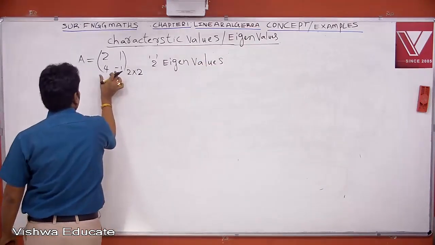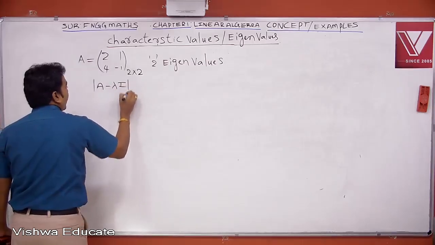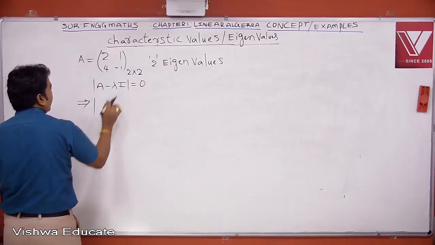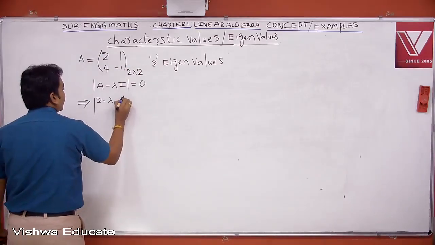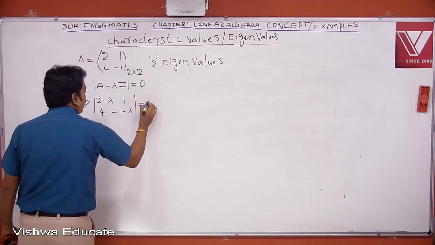Now let us define its characteristic equation. This is det of A minus lambda I equal to 0. This implies we subtract lambda only from the diagonal elements. So determinant of [2 minus lambda, 1; 4, minus 1 minus lambda] equal to 0.